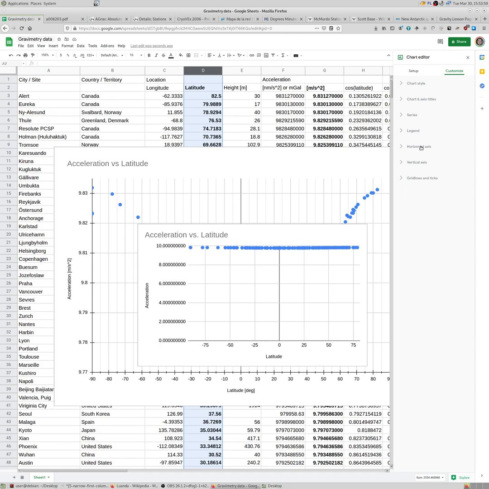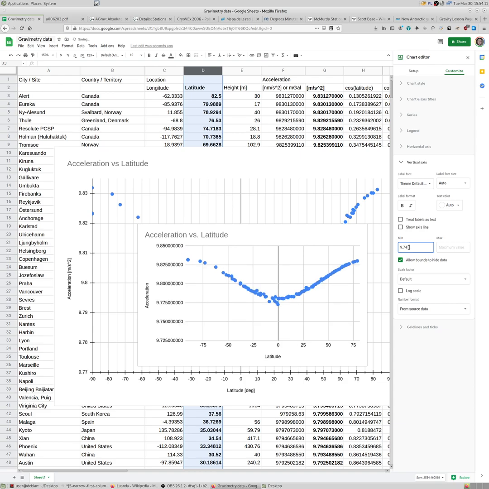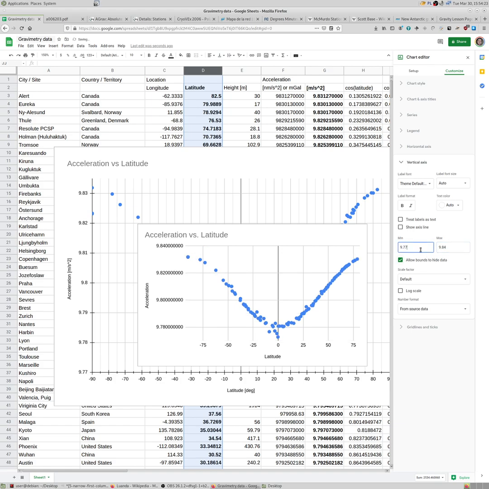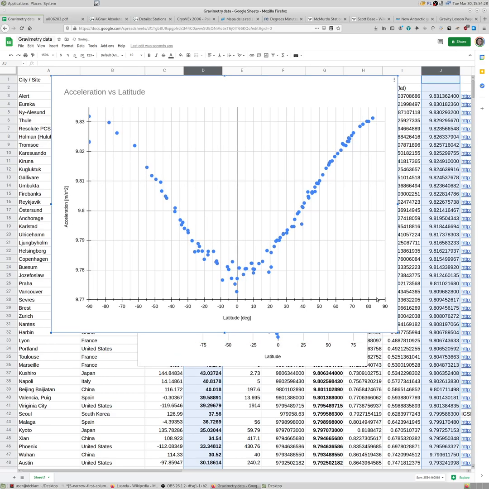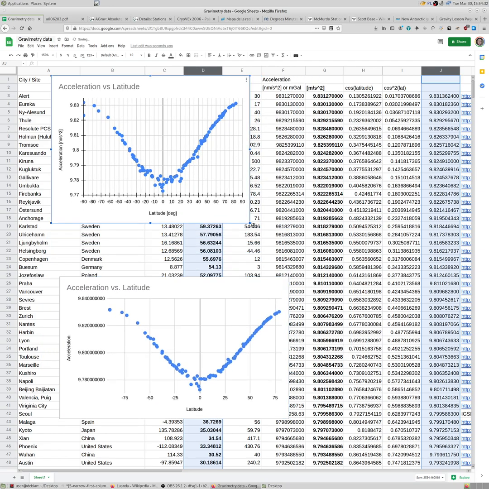Acceleration latitude, we will set the vertical axis to be a minimum of 9.73 and a maximum of 9.83, okay, that should be good enough. So this is uncorrected data, and this is corrected data.